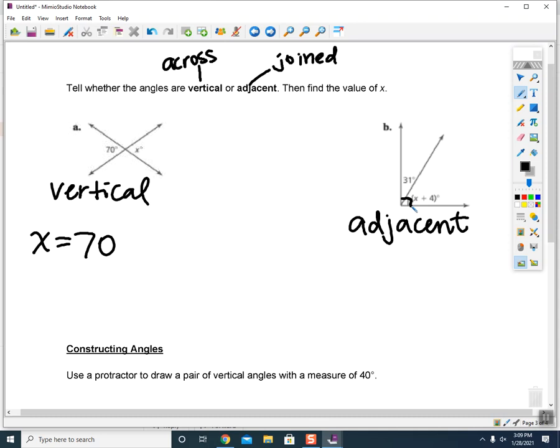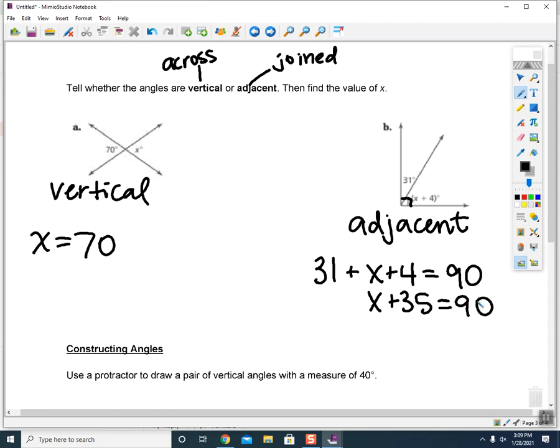So when I put those two together, it's going to equal 90. So 31 plus x plus 4 needs to equal 90 degrees. Well, if I'm going to solve, I'm going to combine what I can combine. So I would have x plus 35 equals 90. I could subtract 35 from both sides. That would leave me with x needs to equal 55. Okay?